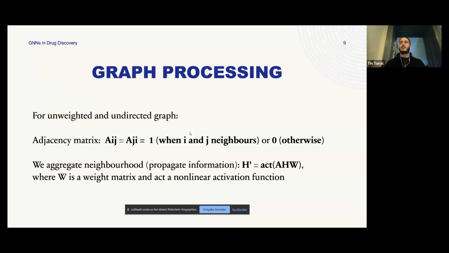If you have multiple message passing steps, the features could explode, meaning it will sum up all of the neighboring nodes' latent representations and so on and so on.